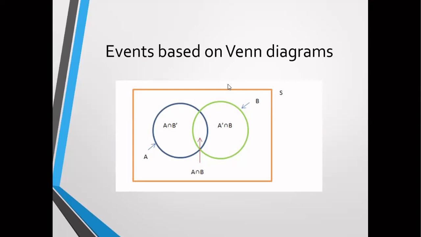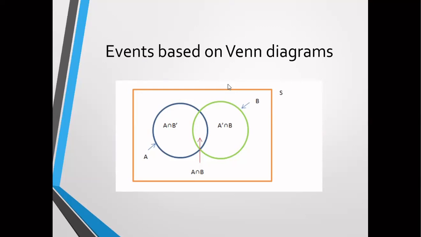That means the events we discussed, like A complement, B complement, A union B, A intersection B. Likewise, we discussed some events. Now we are going to identify those events in this Venn diagram.